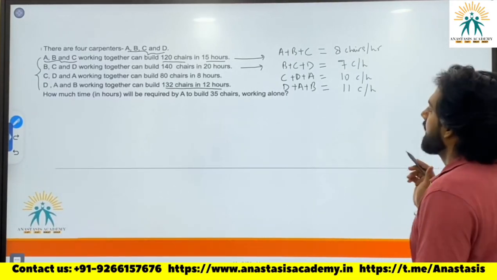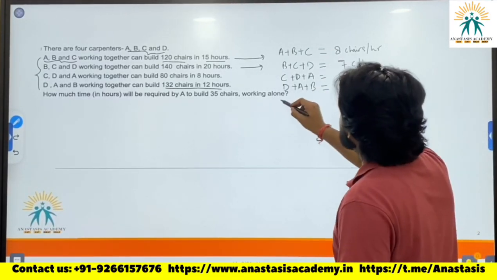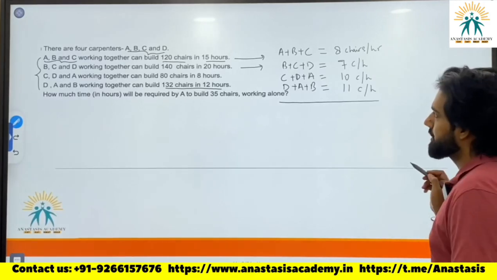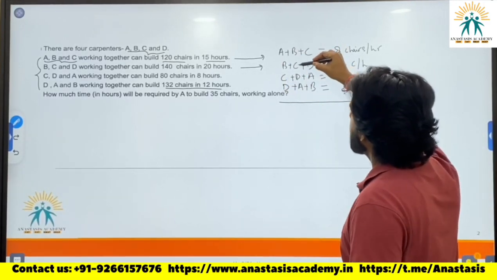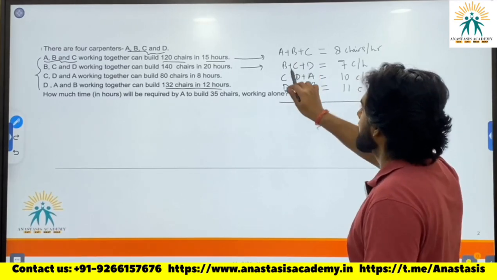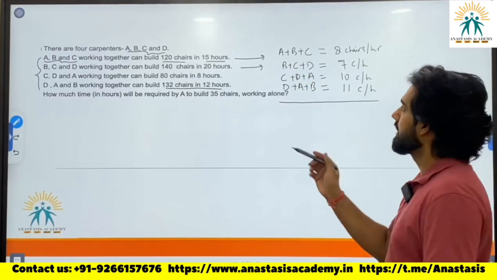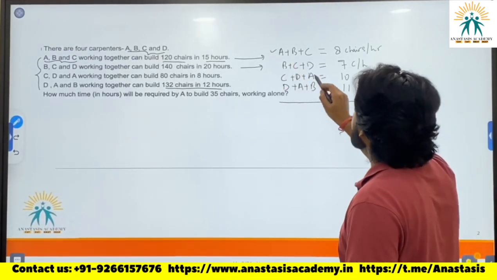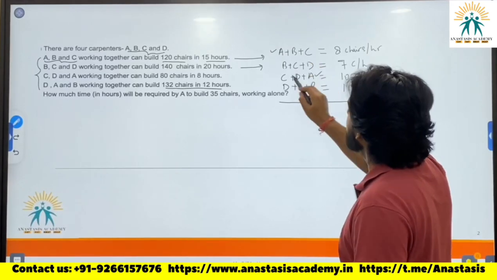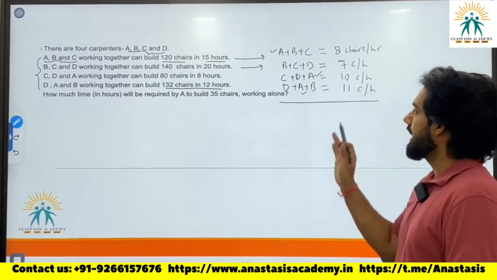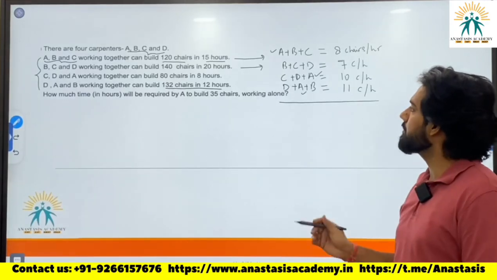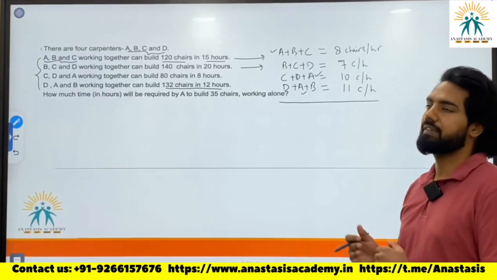Now, because these are given in groups and all these 4 carpenters are coming in these 4 equations, like A comes 3 times, B comes exactly 3 times, the best course of action in this type of question is to add these efficiencies.